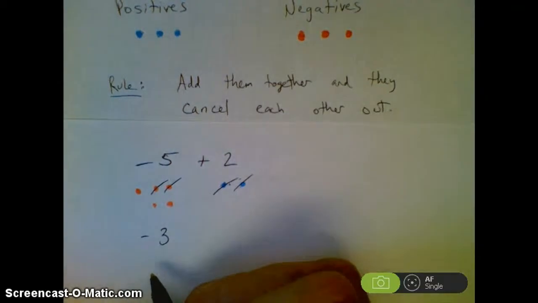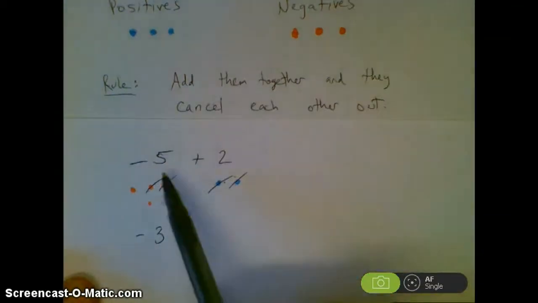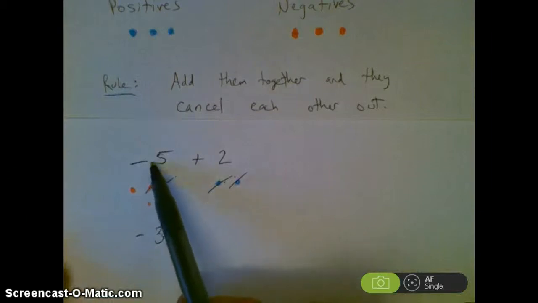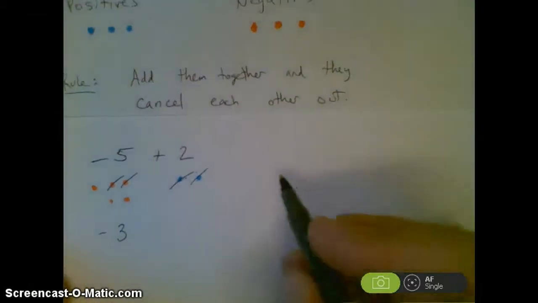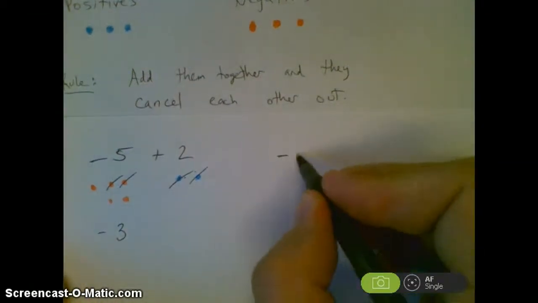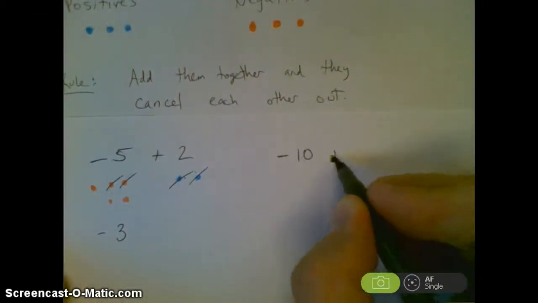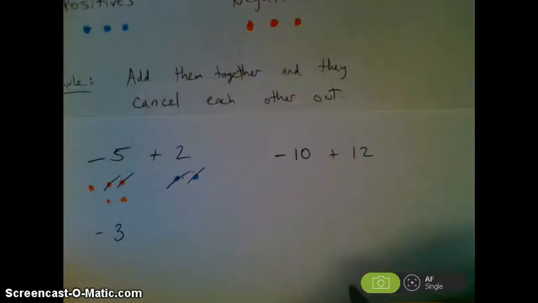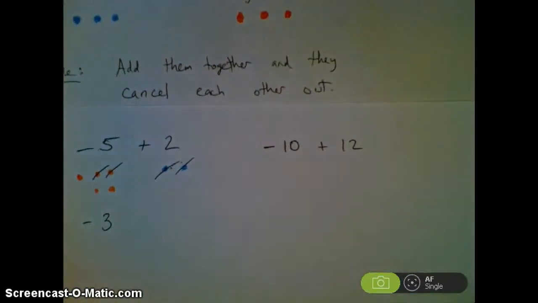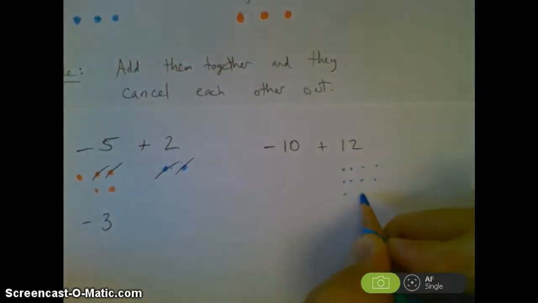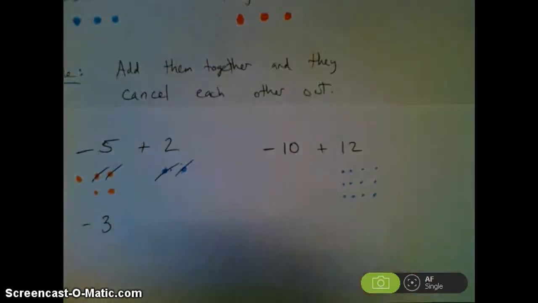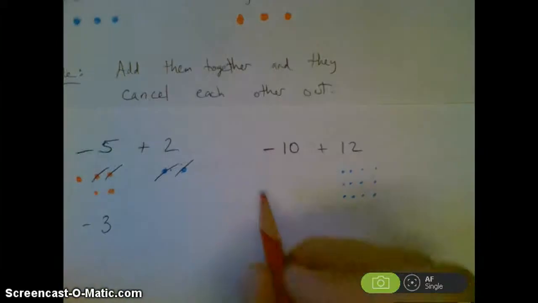So the concept is, whichever side you have more of, your negatives or your positives, is the sign of what you'll end up with. Like if I had negative 10 plus 12, that's going to be 12 blue dots, 1, 2, 3, 4, 5, 6, 7, 8, 9, 10, 11, 12, and 10 red dots.